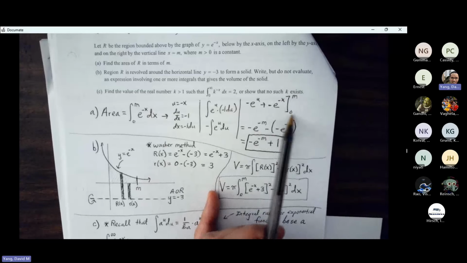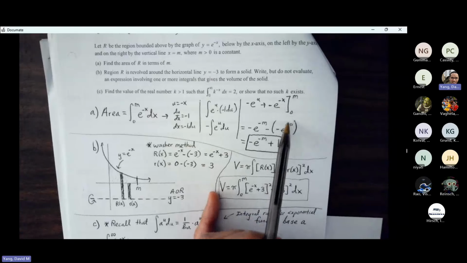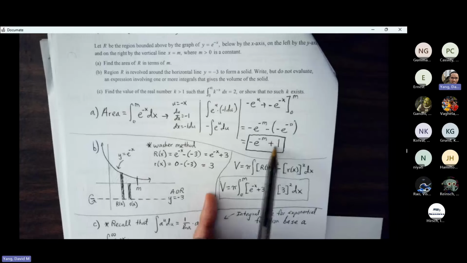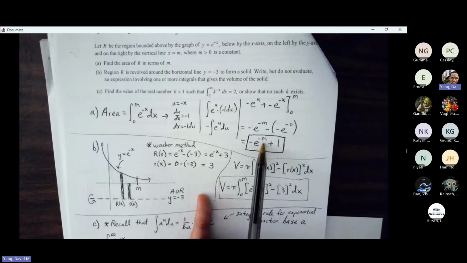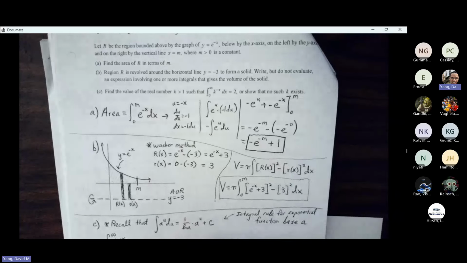Careful, again, if I ever see 0 in my bound, I'm always double checking and making sure that there's nothing left over. In this case, there is something left over, right? 0 in for x, e to the 0 is 1. So minus -1 is +1, negative e to the negative m plus 1.